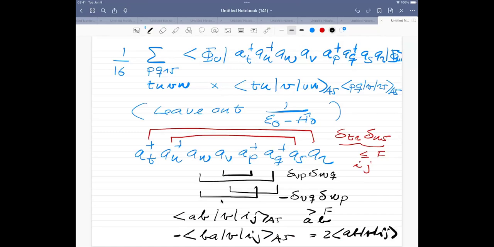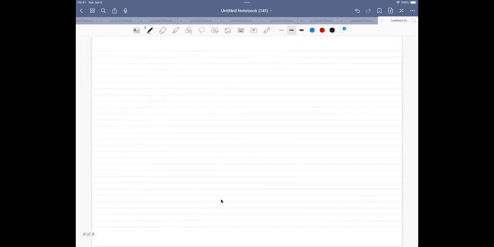The way we can think of this, if you think of it as a diagram, is that this AB V IJ anti-symmetrized is the same as this specific diagram.